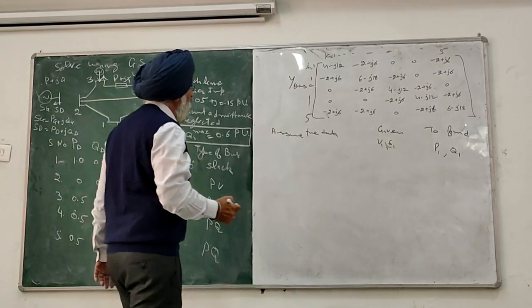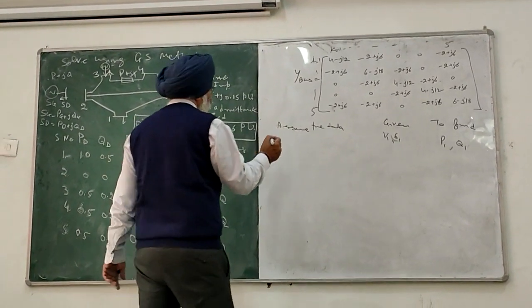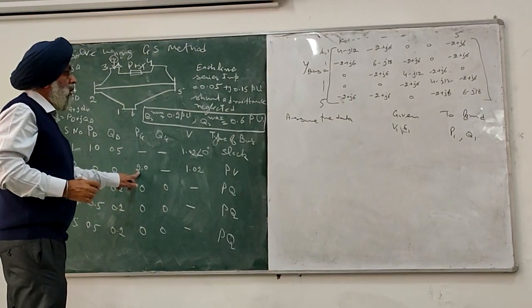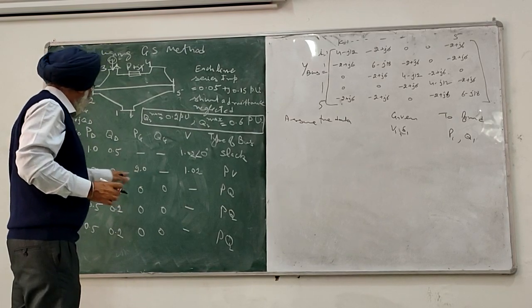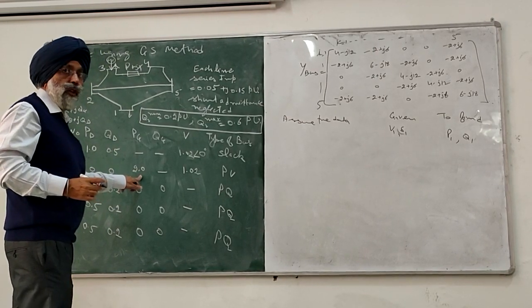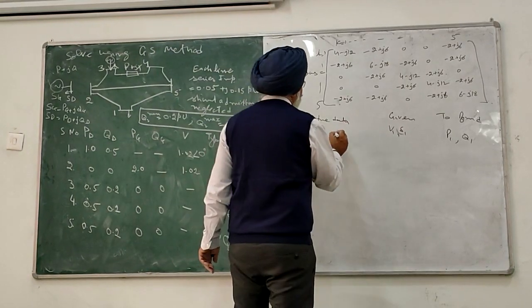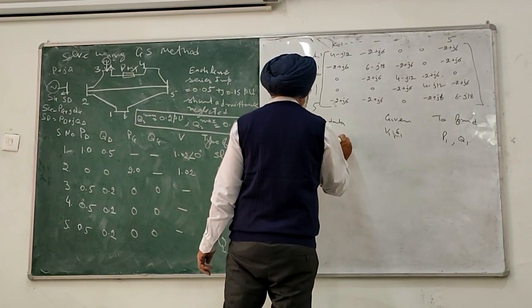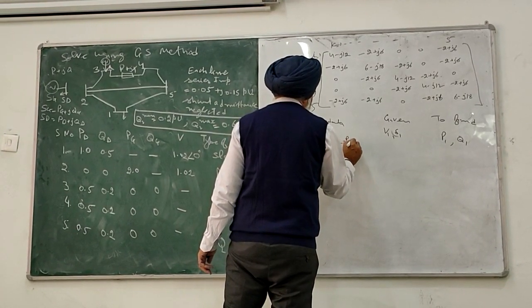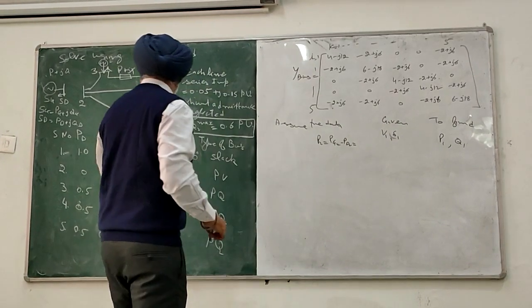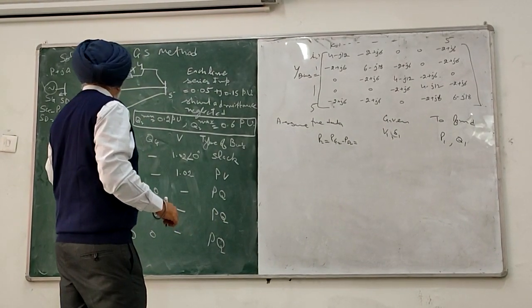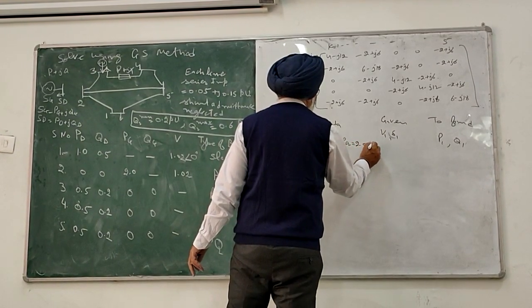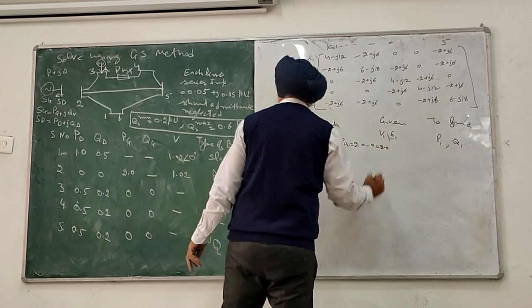For bus number 2, given is P2. P2 is equal to PG2 minus PD2, which is 2.0 minus 0, equal to 2.0.